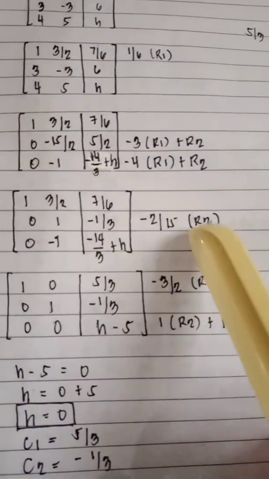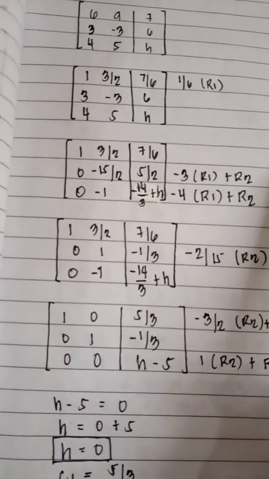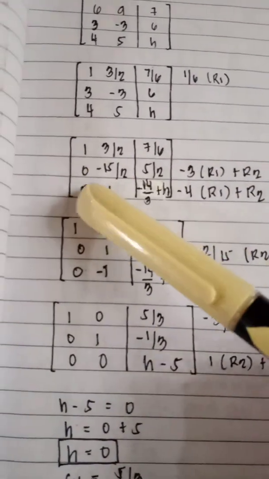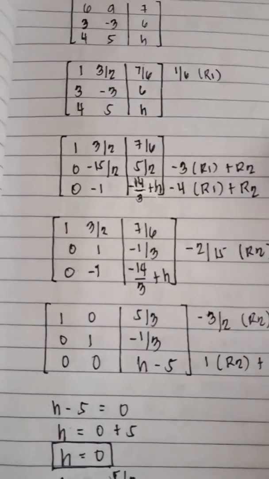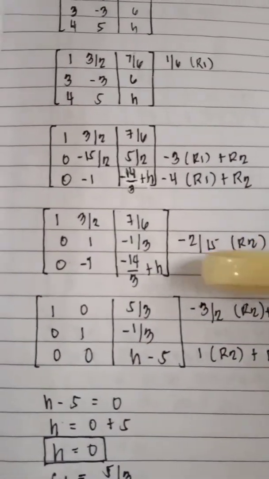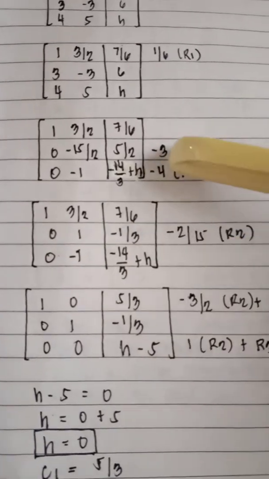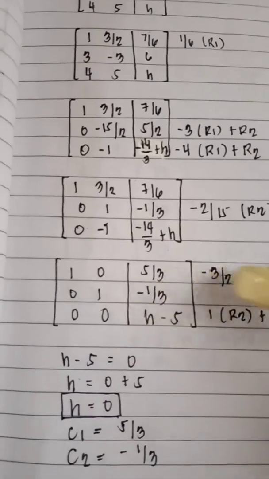In row 1, negative 3 over 2 times 0 plus 1 is equal to 1. Negative 3 over 2 times 1 plus 3 over 2 is equal to 0. Negative 3 over 2 times negative 1 over 3 plus 7 over 6 is equal to 5 over 3.